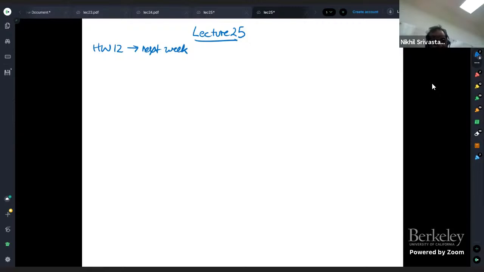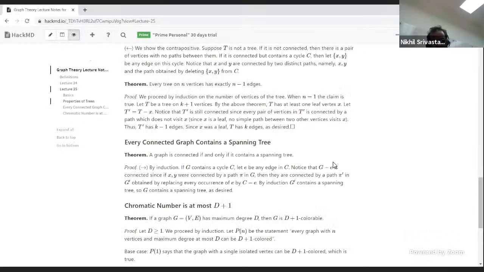And then the other thing is that we're not really using the textbook for graph theory. I don't really like the way it's organized. And so many students have told me that they're feeling a little bit lost. And so what I've done is I'm going to type up these lecture notes for graph theory.